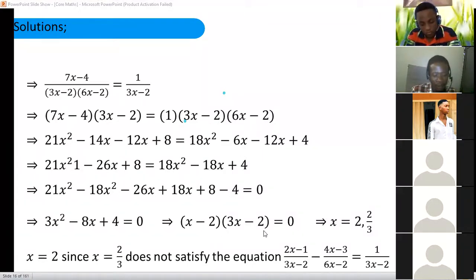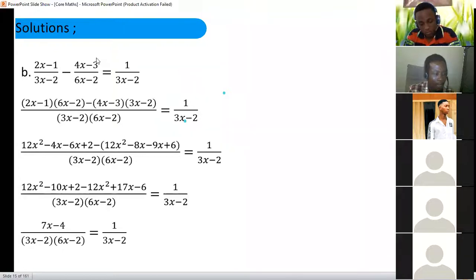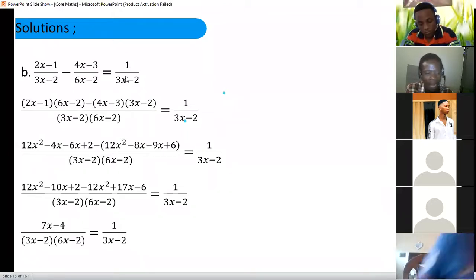So when we equate each of the brackets to 0, we're going to get x is equal to 2 and x is equal to 2 over 3. There's a need to verify, that is putting each value of x that we found back into the whole equation, to see if the two values satisfy the equation we have.